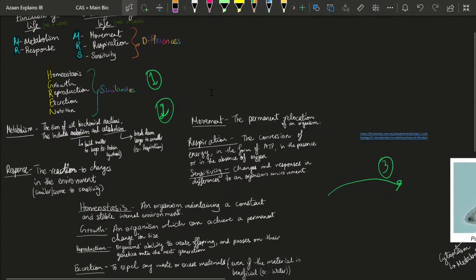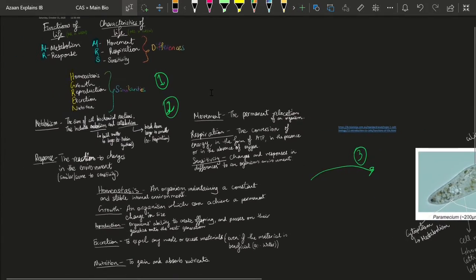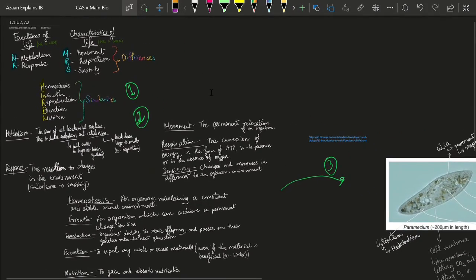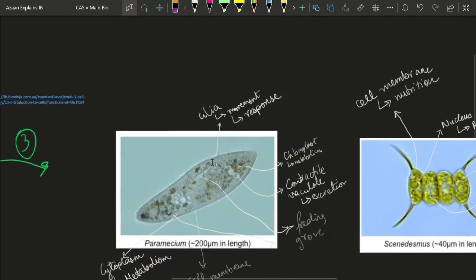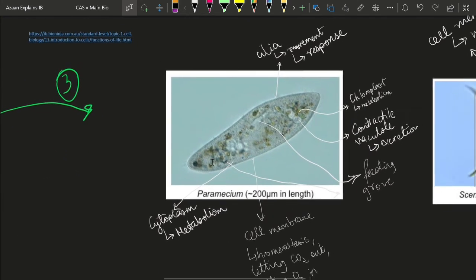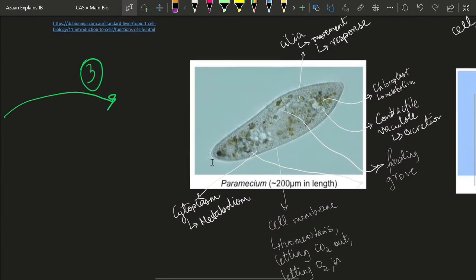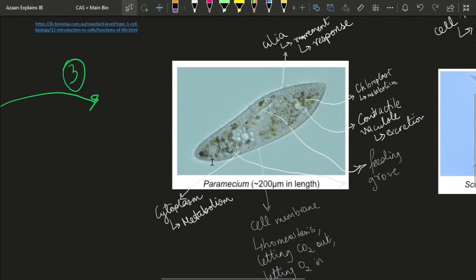Okay, this part simply refers to the functions themselves, and this is sort of the understanding statement. What we need to now be able to do is focus on paramecium, because that's more important. By looking at paramecium as an organism and at a picture of paramecium, you should be able to annotate it, saying this part of the cell does this.